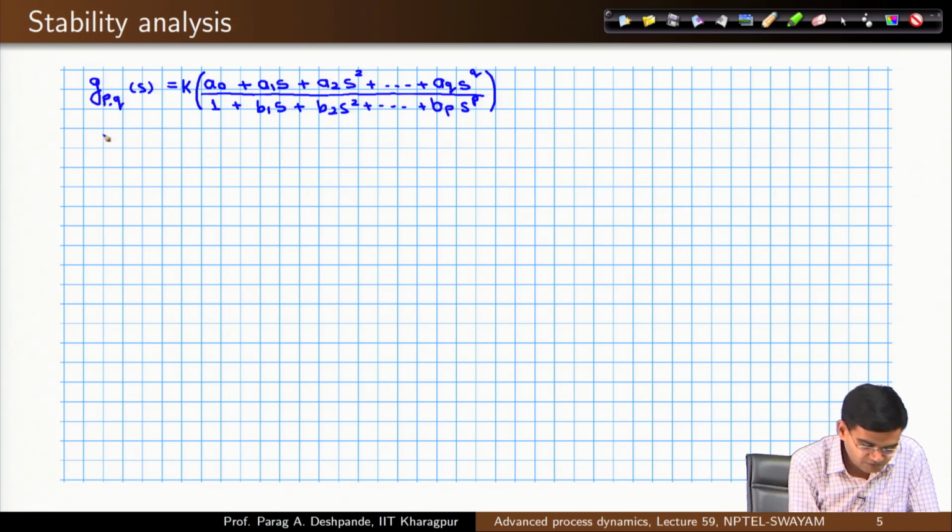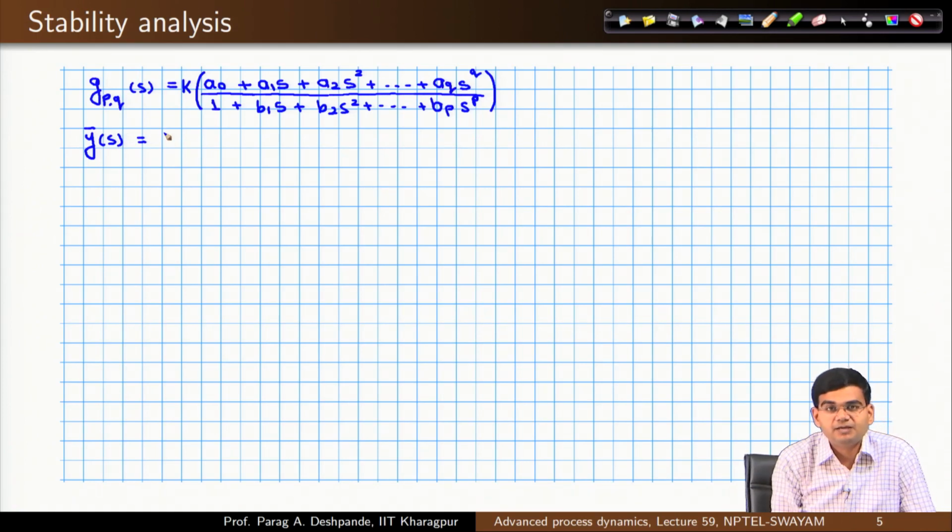So, therefore, what would be y of s bar would be the transfer function multiplied by the Laplace transform of the step input.